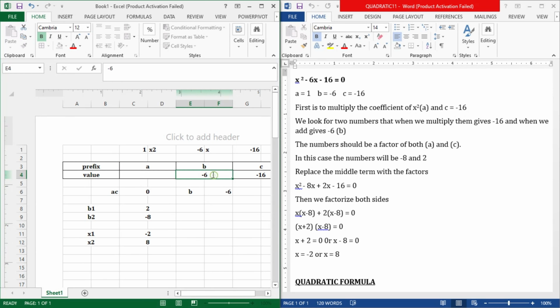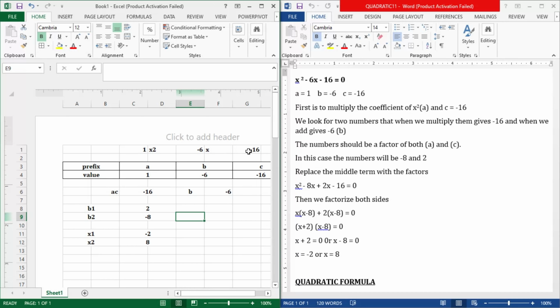Let's also link our values table to our equation row so that changing the question automatically changes the table and other programming linked to the table. We can now see that changing a in the question automatically changes a in the table.